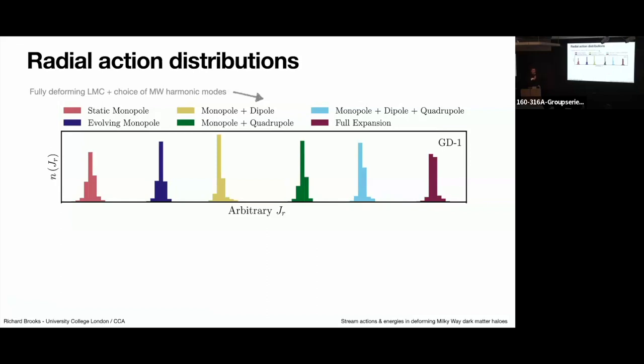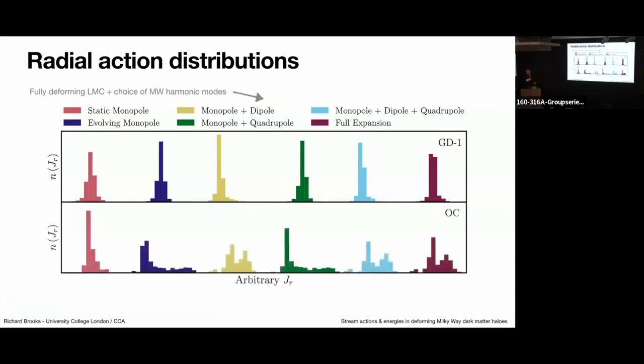For GD1, this is taking the final day position velocities and then calculating the radial action. You can see here that their action distributions look pretty Gaussian-like and still pretty well clustered, which is what you might expect if the potential had been fairly quiet or adiabatically evolving.